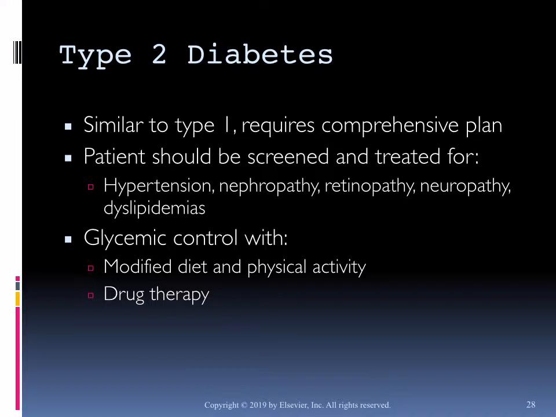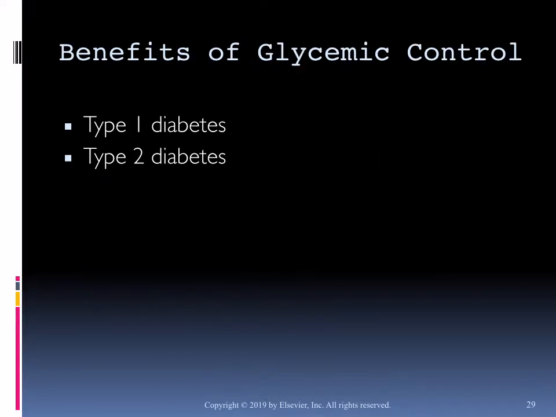Wear cotton or wool socks that have been mended. Certainly don't have any holes in them. If they've been mended and they have a bunch that might put pressure on the foot, you don't want to use them. You want to be careful not to use hot water bottles or heating pads to warm the feet, especially if they have neuropathy. And avoid sitting, standing, or crossing the legs. And of course, the benefit is to prevent complications.